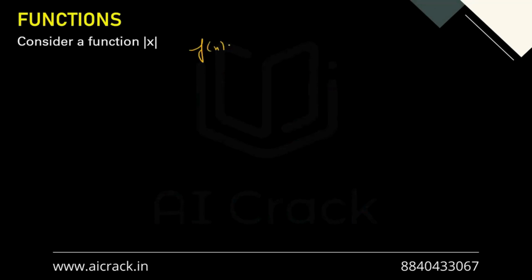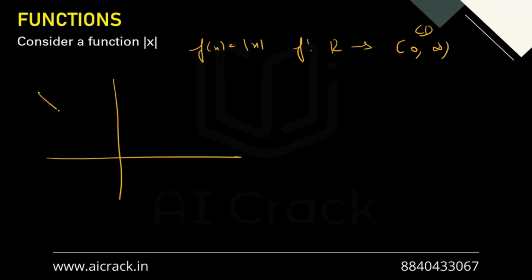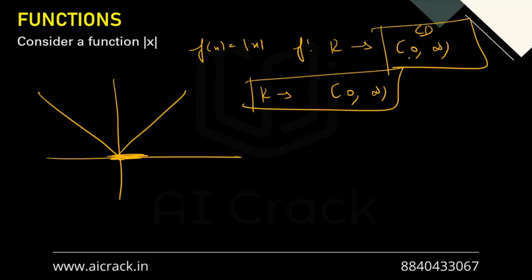So f(x) equals modulus x, and f is defined from R to [0, infinity). This is our codomain, right? Now if we talk about the range of modulus x, you can see that it's starting from 0 and going till positive infinity. So the range is 0 to infinity, right? Now we can see that the range is the same as the codomain. So that's why this function is an onto function.